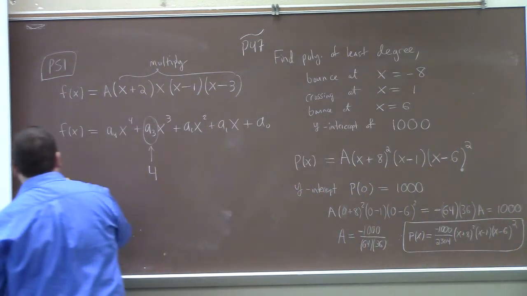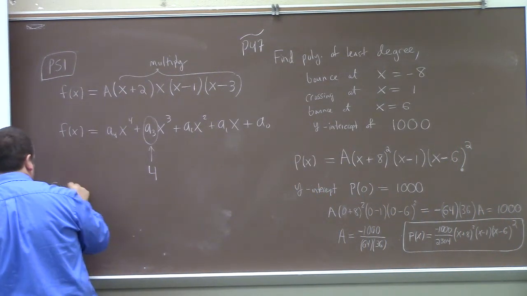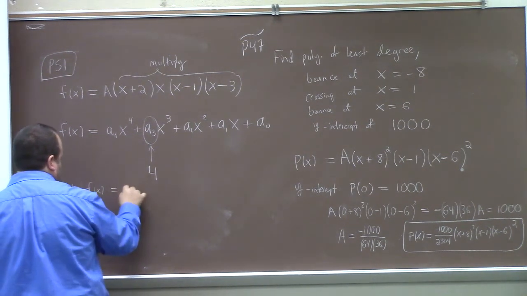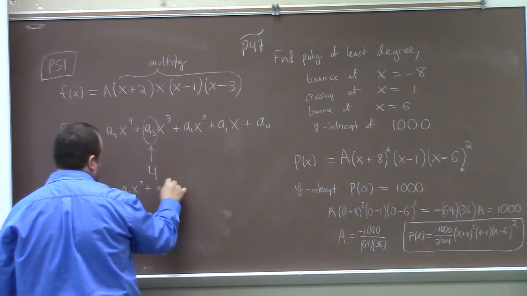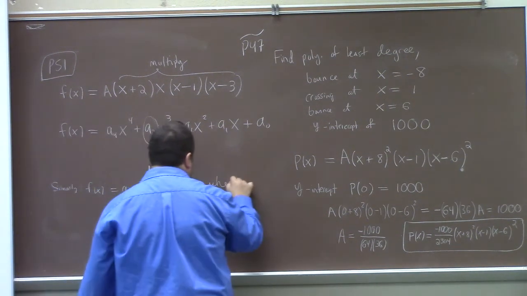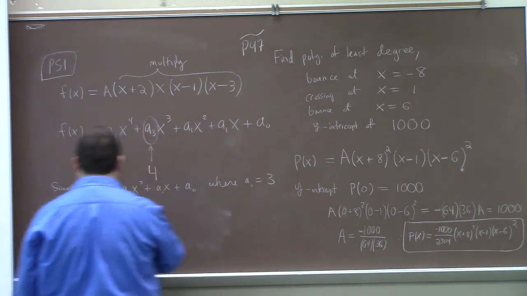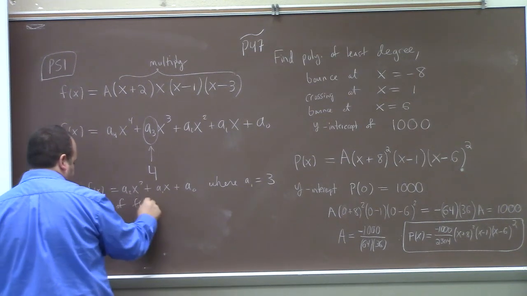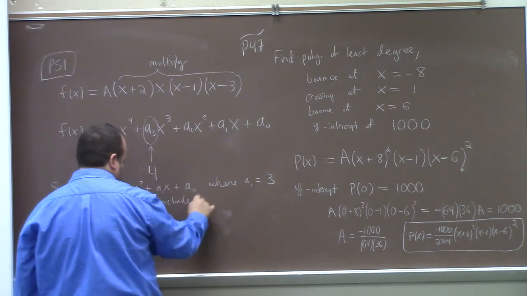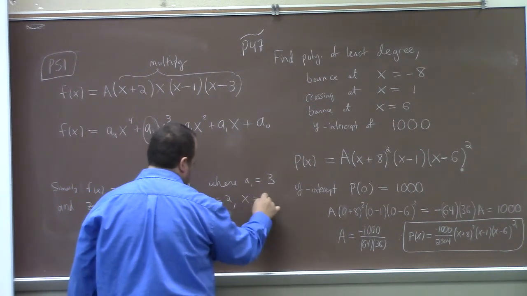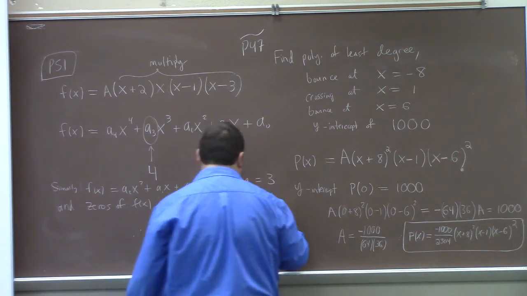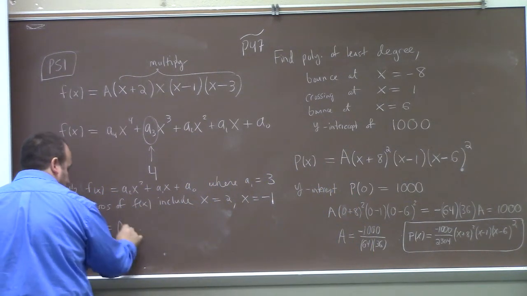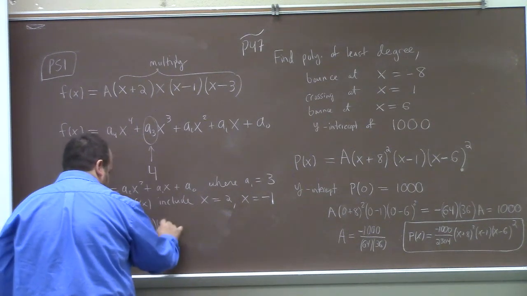Similarly, if I told you that f of x was equal to a2x squared plus a1x plus a0, where a1 is equal to 3, and zeros of f of x include x equals 2 and x equals minus 1, then I would write f of x equals a times x minus 2 times x plus 1.